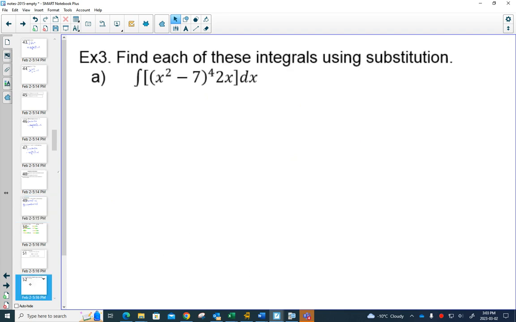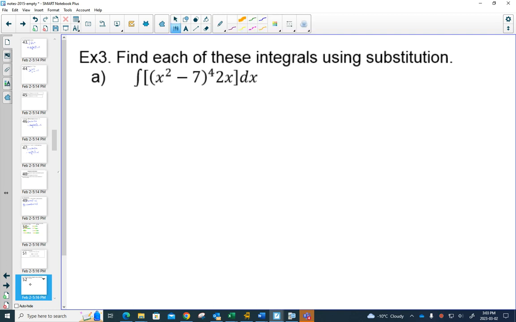What happens with integrations is they match up mostly perfectly, except something is missing. And your brain might be able to do this one directly. That's great. Maybe you can see that this is x squared minus 7 to the 5 divided by 5 plus c. Perfect. But often, because there's a lot of little changes that happen, we do need to use a technique.